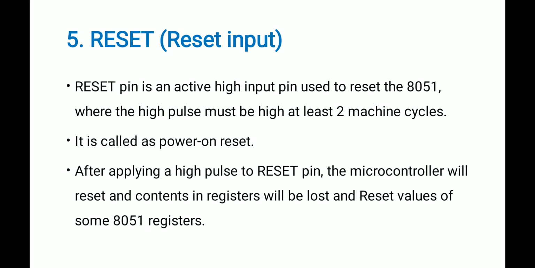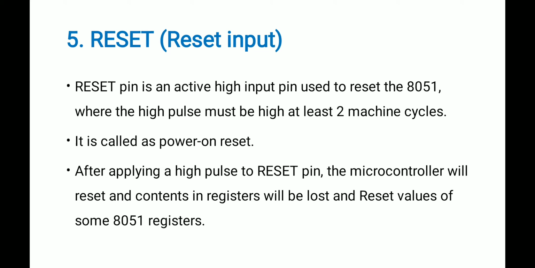The high pulse must be held high for at least two machine cycles, which is called power on reset. After applying a high pulse to the reset pin, the microcontroller will reset, the contents of the registers will be lost, and some 8051 registers take their reset values.